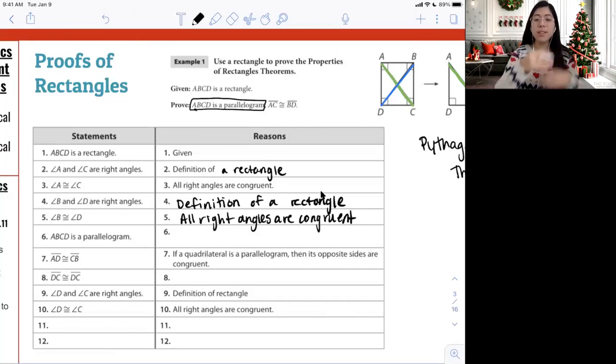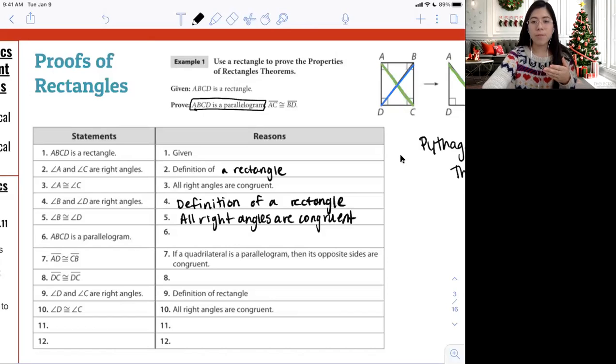So notice, since all of the angles are congruent, then by definition, the opposite angles are congruent to each other. So angle A is congruent to angle C, and angle D is congruent to angle B. Am I correct in saying that? Yeah.